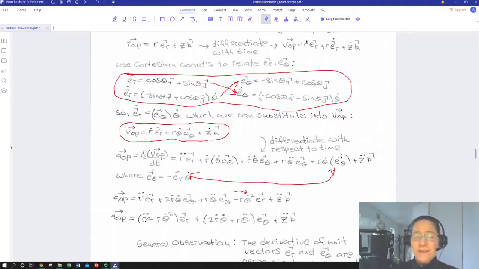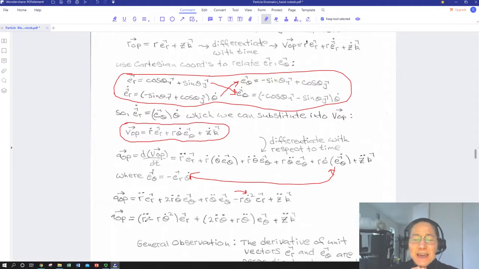It's pointed back to the center in the r hat direction. So that's something that you've probably encountered that's known as centrifugal acceleration. It is something that must be satisfied to keep something going on a curved path. If it's not satisfied, something will not go on a curved path and it'll go flying out straight.